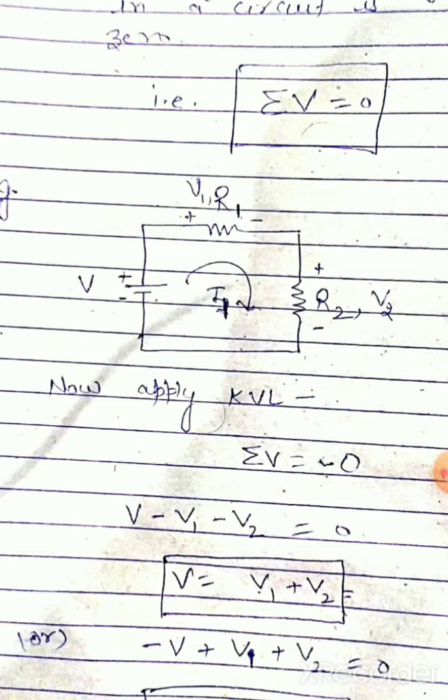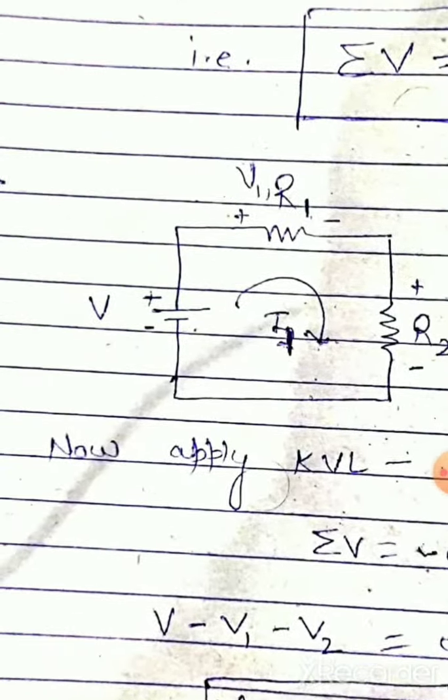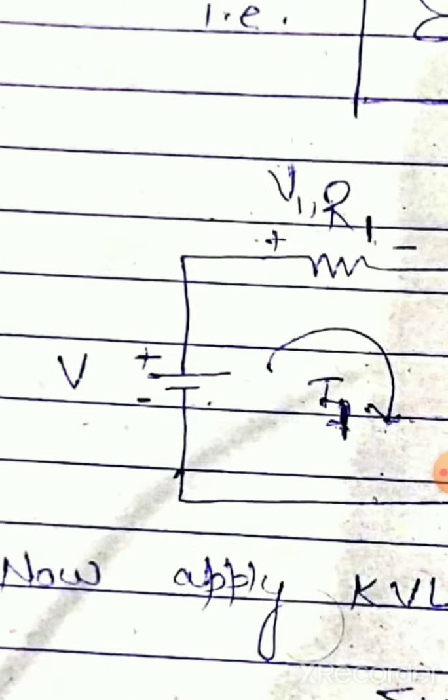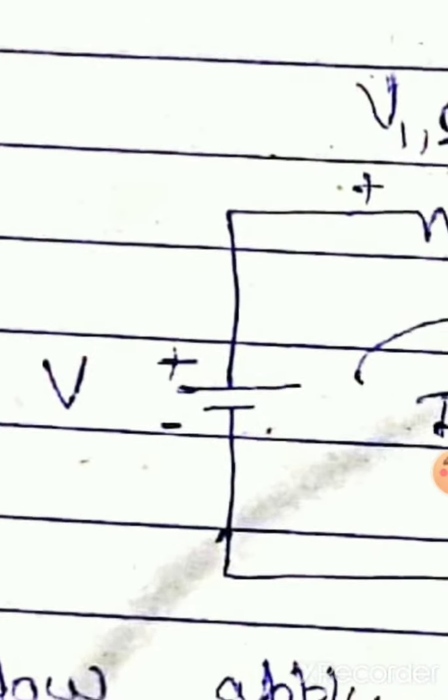Now there is one more thing, that is the sign convention. While writing this loop equation, we will be using a sign convention. There are two sign conventions here. The first is if we are entering from the negative terminal and exiting from the positive terminal in the direction of current, we take the polarity of the terminal from which we are leaving.